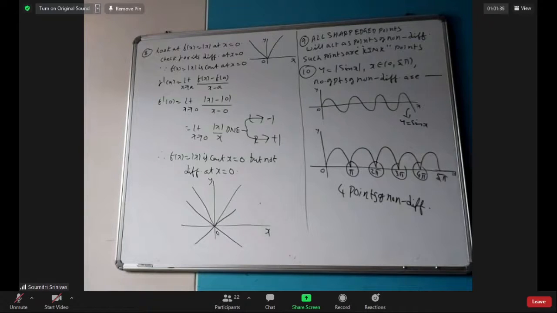Sir, can you please re-explain what sharp edge points mean? At the sharpest point, you should draw on your own and see. You draw a curve. Draw the sharpest points.